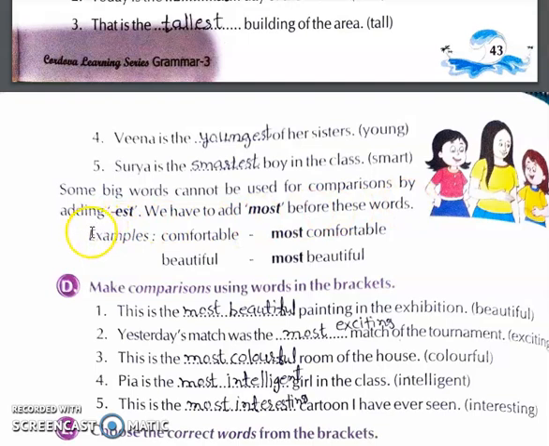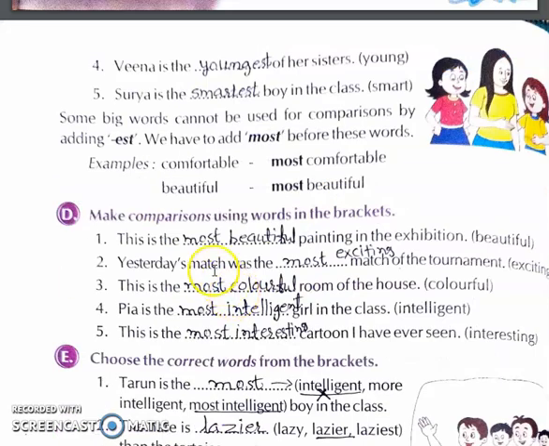We have to add most before these words. और कुछ वर्ड ऐसे होते हैं कि जिसमें EST लगाने से वो एडजेक्टिव में हम EST लगा के नहीं लिख सकते. तो ऐसे जो वर्ड है उसमें हमें आगे लगाना है मोस्ट। जैसे कि एग्जाम्पल में लिखा है कंफर्टेबल, तो हम कंफर्टेबलेस्ट ऐसा नहीं लिख सकते, पर हमें लिखना है मोस्ट कंफर्टेबल। और ब्यूटीफुल, मोस्ट ब्यूटीफुल.